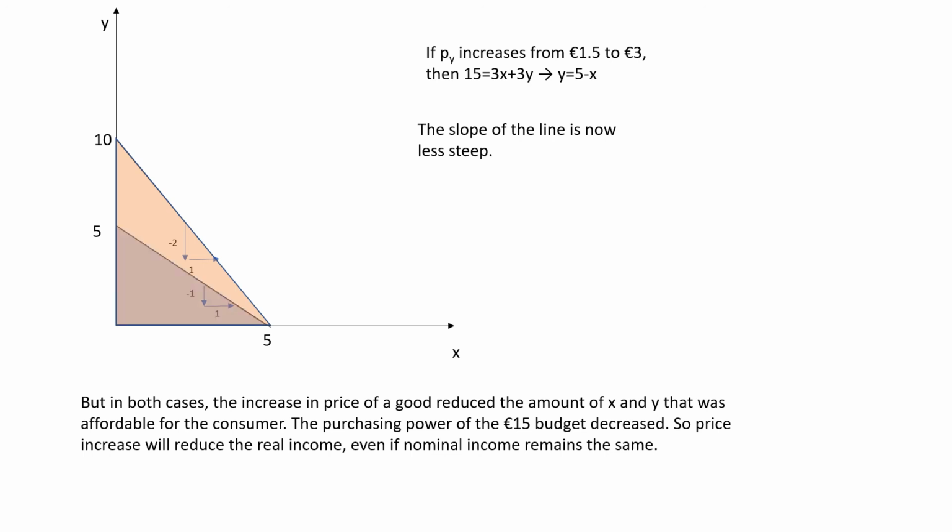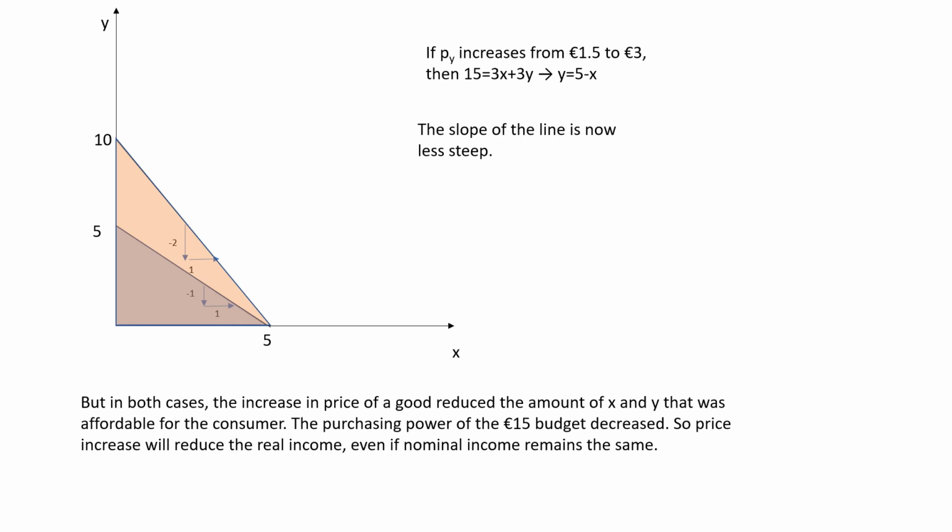In the new situation, the affordable goods are going to be much less numerous. And actually, you can see that the area of the new triangle is going to be less than the original. So there must be, therefore, a reduction in the purchasing power of the consumer, that is, the real income of the consumer.